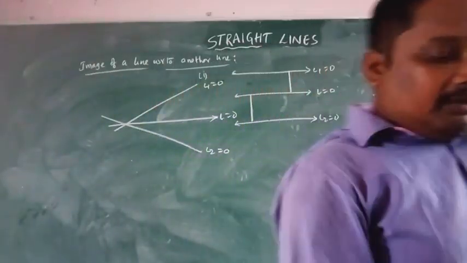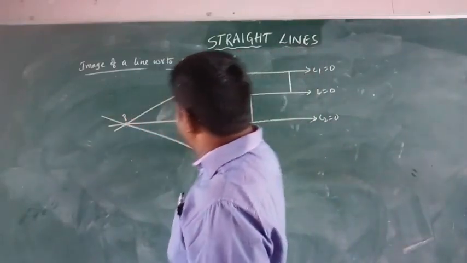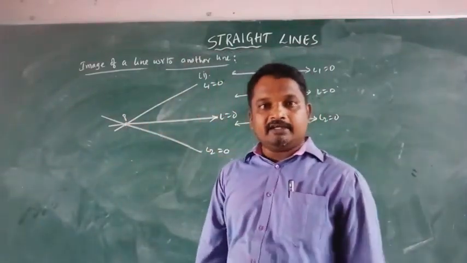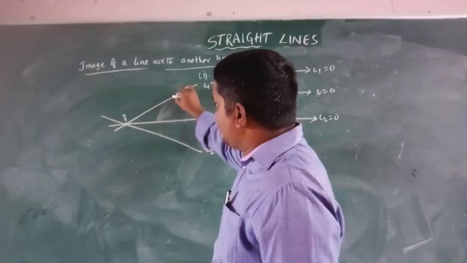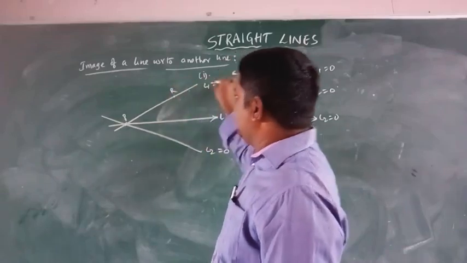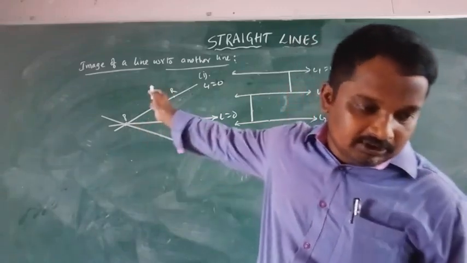So here, first find the intersecting point of L1 and L2. Take one point R on L1 equals 0.